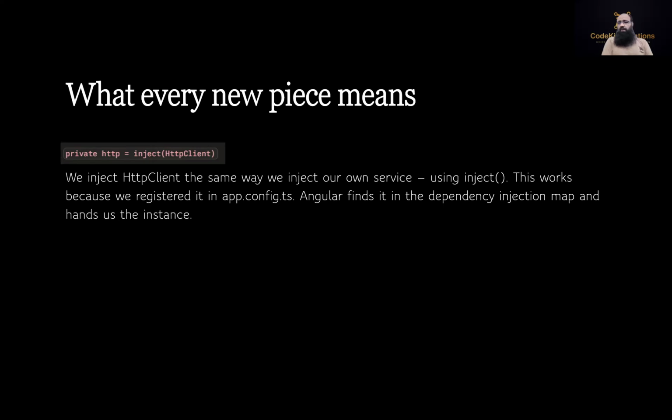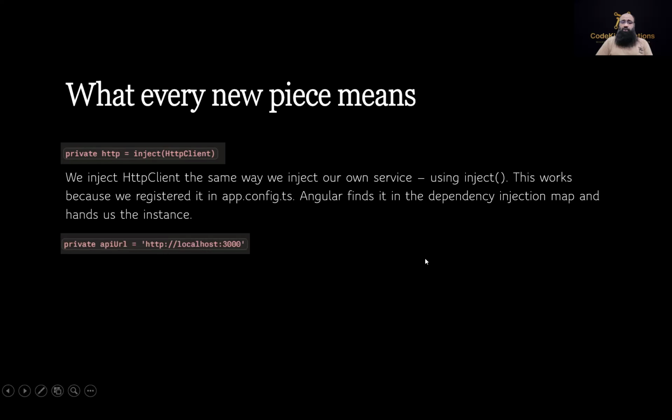But with the new Angular version and within the modern Angular ecosystem, it's suggested to use Angular injection this way. So it's private http equals inject HttpClient. This is working because we have already registered it within the app.config.ts. So it just looks at the dependency injection map and hands us the instance.